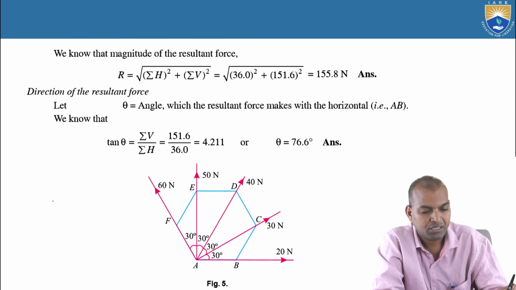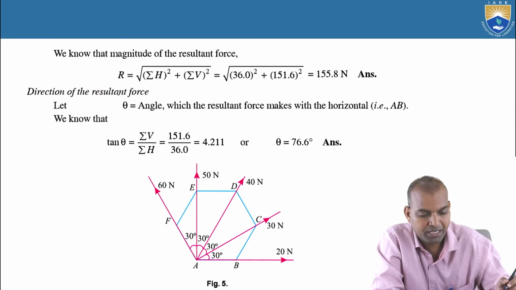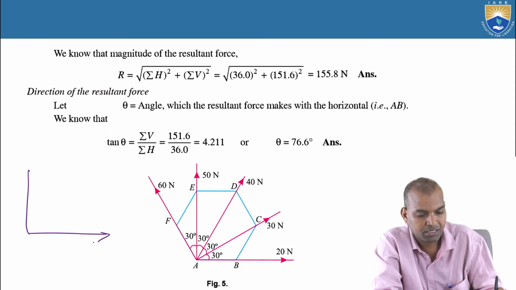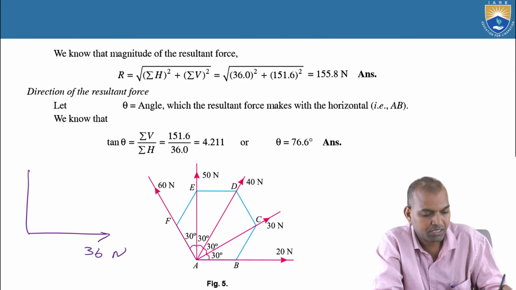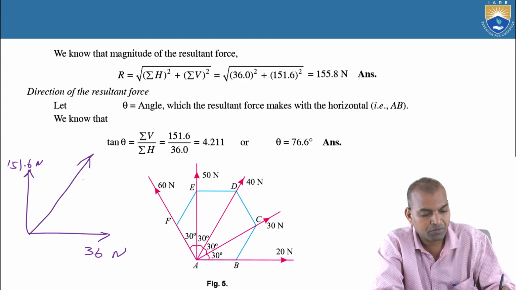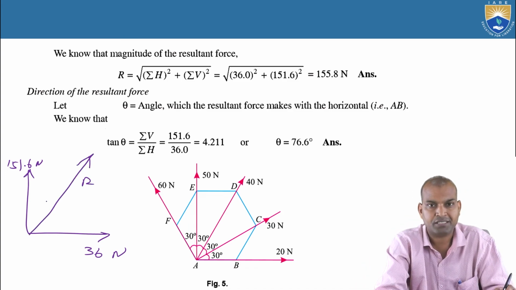What about R equals the square root of sigma h squared plus sigma v squared? The value of sigma h is 36 newtons. Sigma v is 151.6 newtons. This is the positive first quadrant.